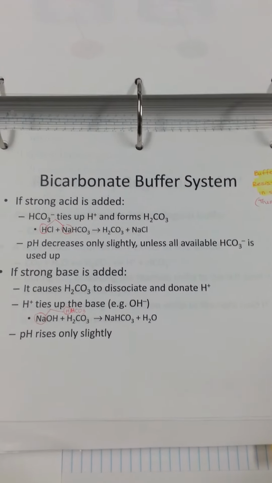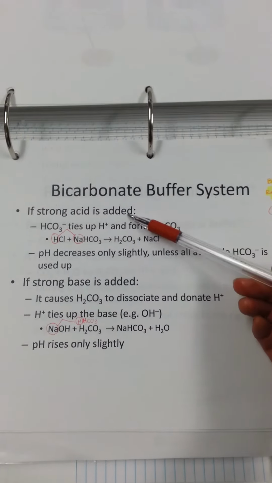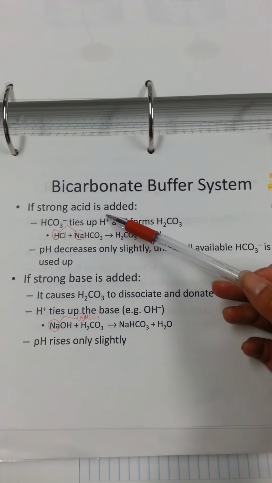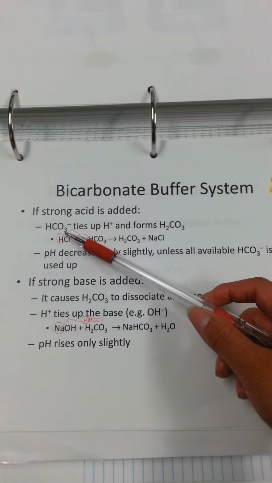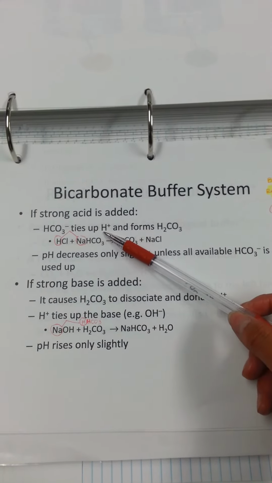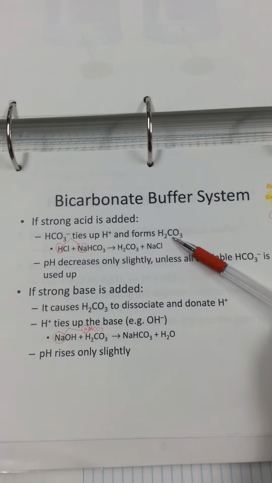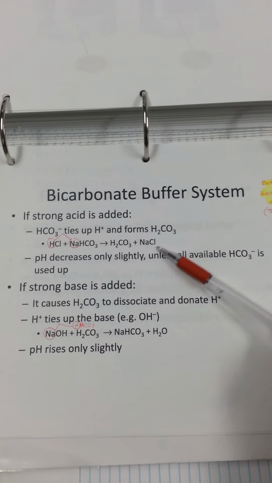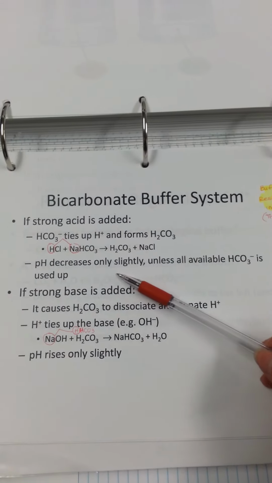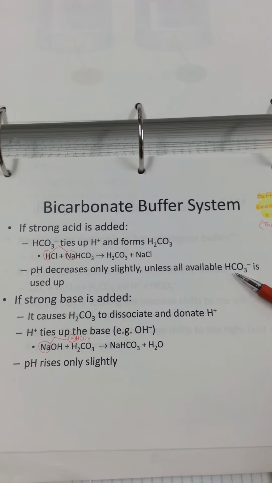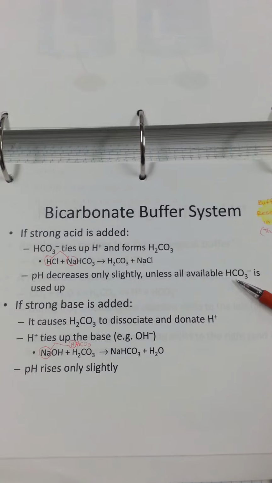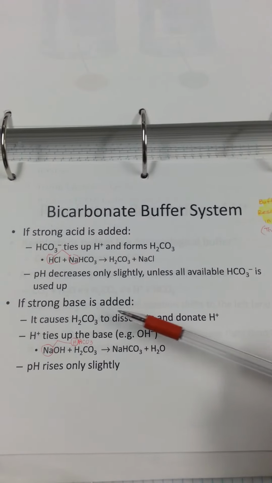A quick recap of the bicarbonate buffer system. If strong acid is added right here, bicarbonate ties up with hydrogen to form carbonic acid here. pH decreases only slightly unless all available bicarbonate is used up.